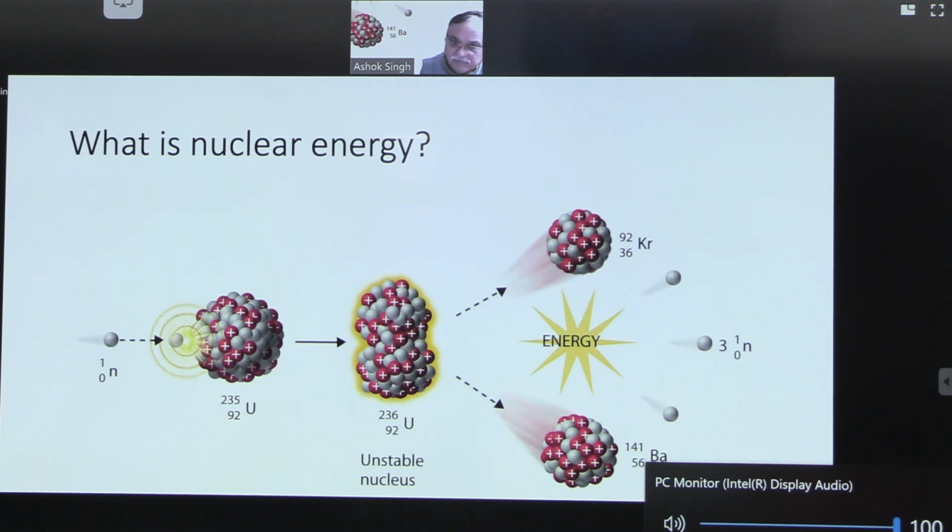So fission involves taking a large nucleus and in some way breaking it up into smaller parts. Along with the smaller parts, some energy is also produced. That's why this is a source of energy. Now the slide shows you a nucleus of uranium.